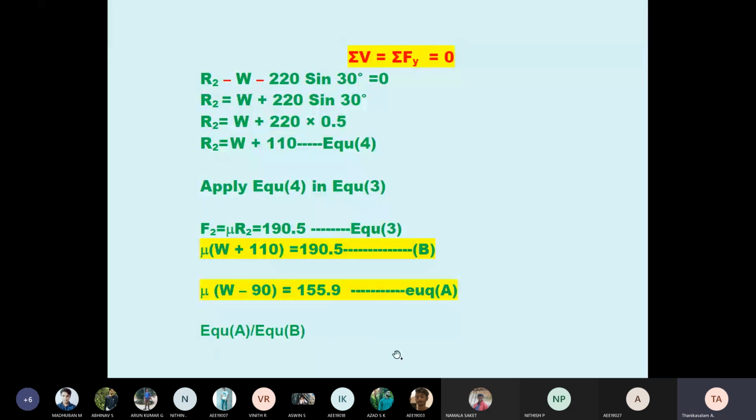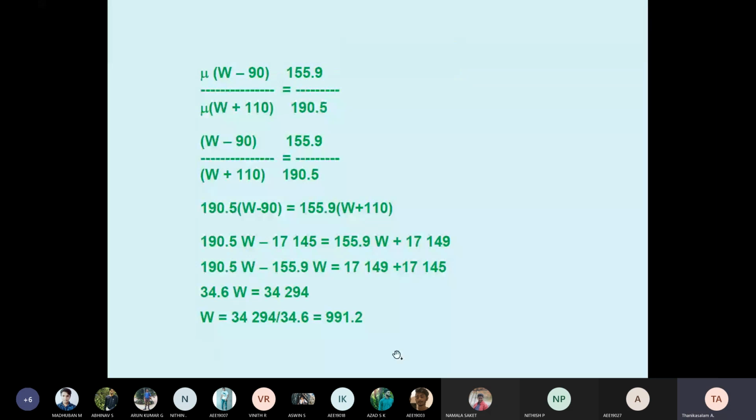Equation A divided by equation B. See here, mu cancels. Therefore, (W minus 90) divided by (W plus 110) equal to 155.9 divided by 190.5. So cross multiplication: 190.5 into (W minus 90) equal to 155.9 into (W plus 110). After cross multiplication, you will get W equal to 991.2.